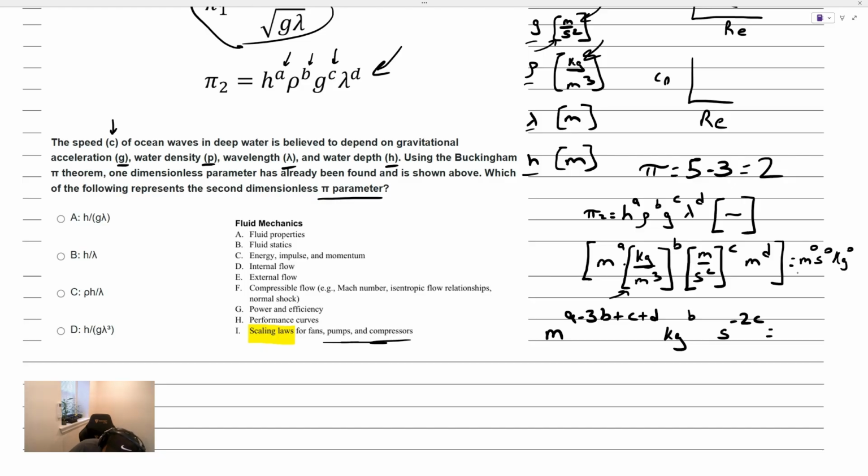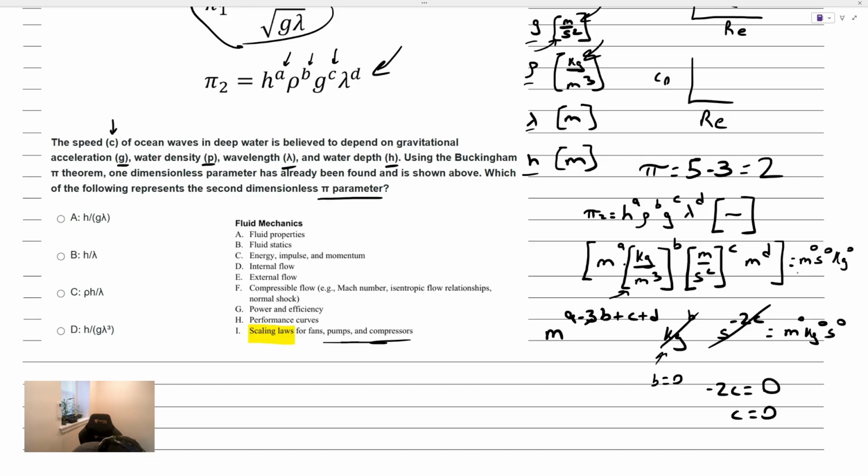And I know that this must be equal to m to the 0, kilograms to the 0, seconds to the 0. From here, we see that negative 2c must be equal to 0. That means that c is equal to 0. This parameter doesn't exist. There's no time inside of our dimensionless parameter, as well as b. You can see that for the kilograms, b is equal to 0. So we just have some combination of A and D that we're going to be looking at.